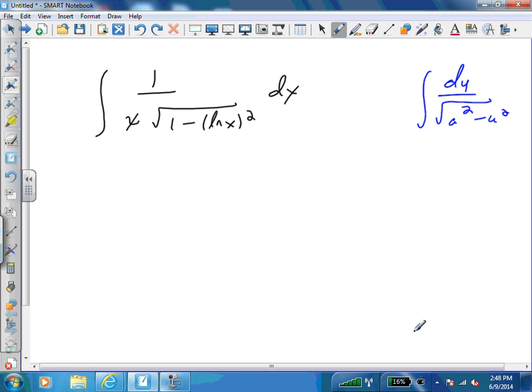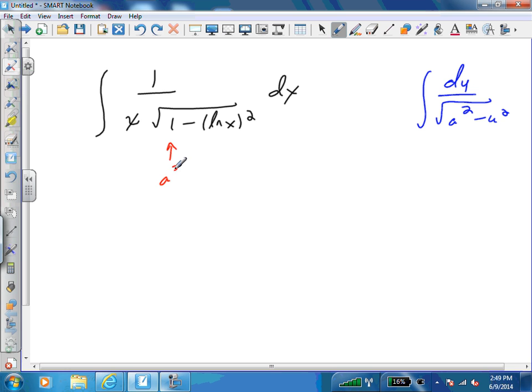Now, a problem jumps out at me right off the bat. In this formula, there's not a variable in front of the square root, but there is here. Now, that might be taken care of. If it's going to fit this formula, what is our a squared going to be?